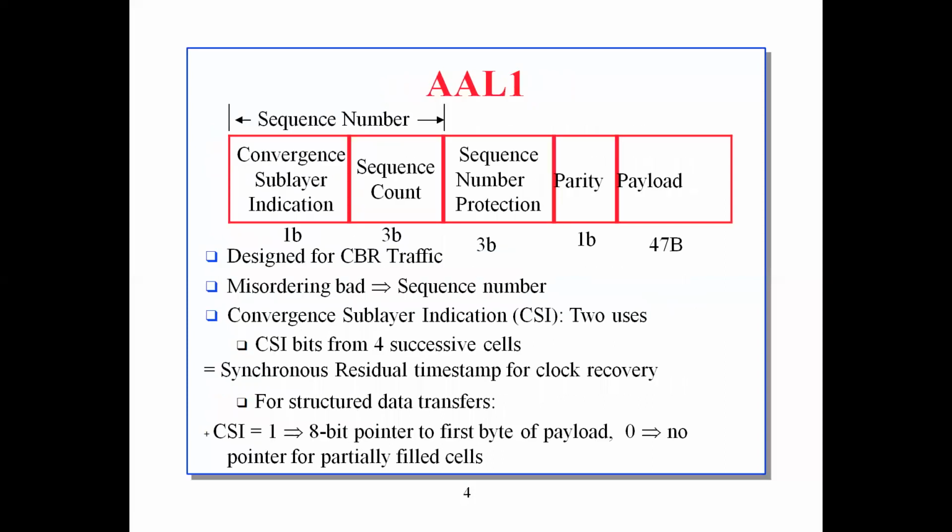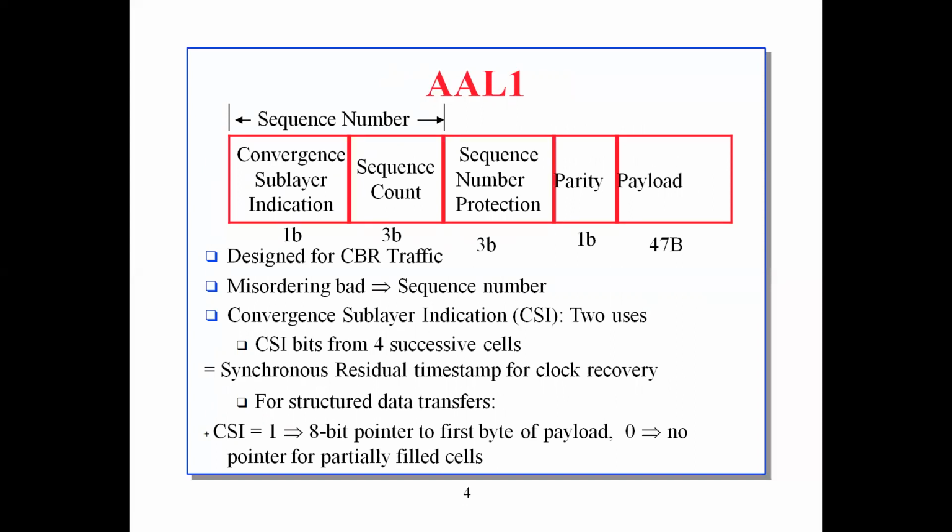The next slide shows the header format of all the AAL protocols. The first is AAL1. It is designed for constant bit rate traffic. Misordering is very bad in AAL, that is because of the sequence numbers.